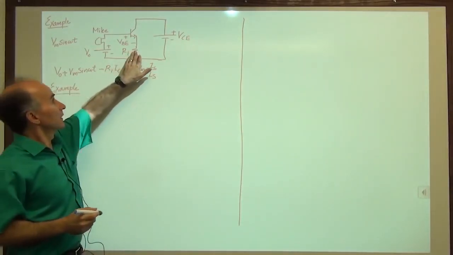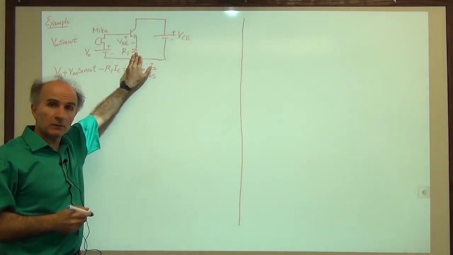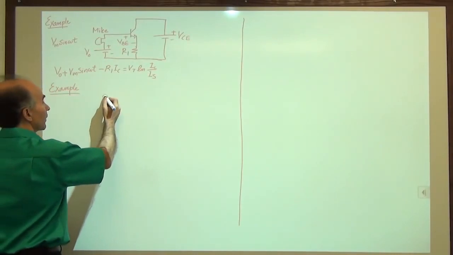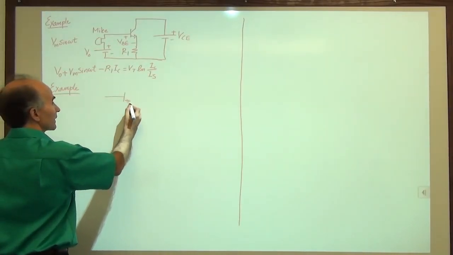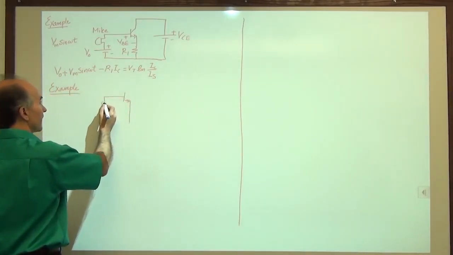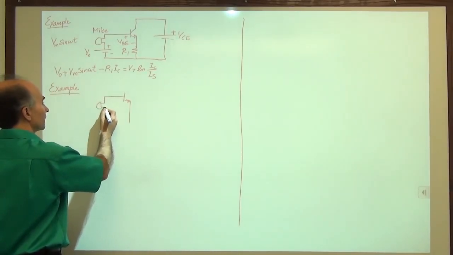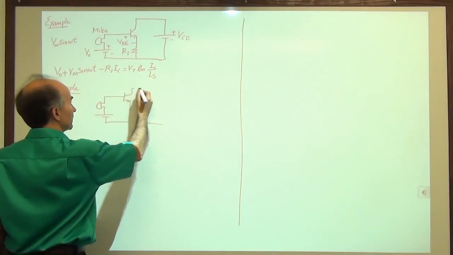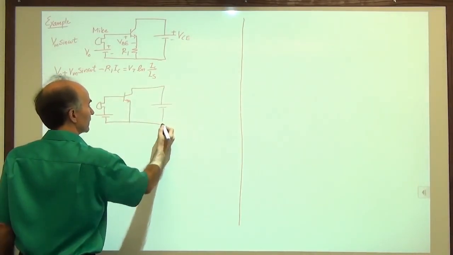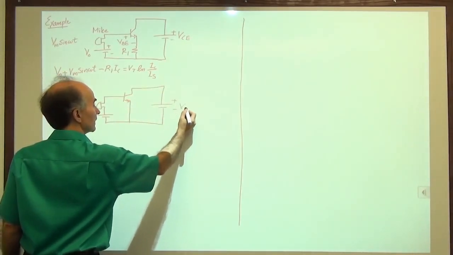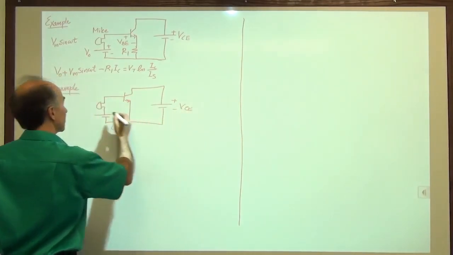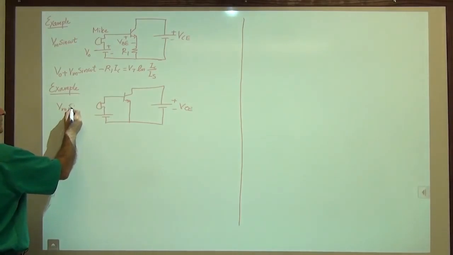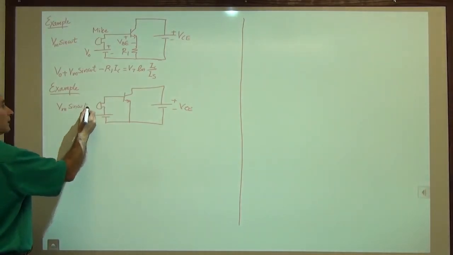And I will remove this resistor, replace it with a wire, with a short circuit. So we go back to our simpler circuits, the things that we have seen in the past. So here's our microphone, here's a battery, and here's another battery, VCE. We have, again, the microphone signal is Vm sine of omega t.